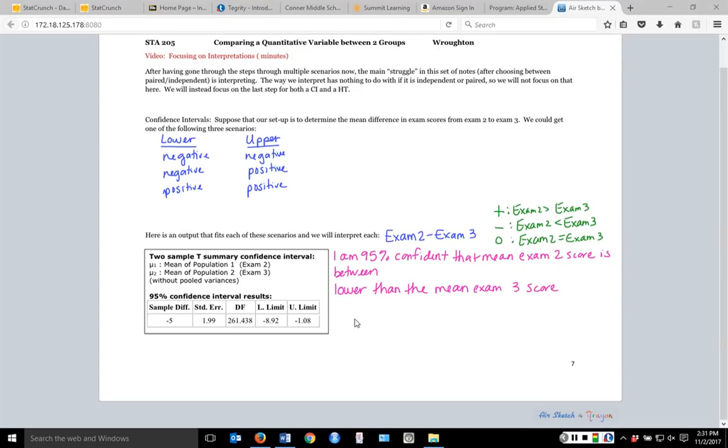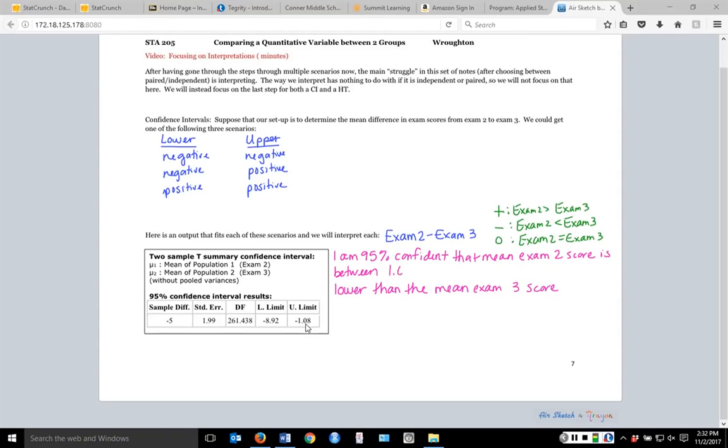Now why am I saying it's lower? Well, both of my numbers are negative. Negative tells me that exam 2 is lower than exam 3. That's where that first part's coming from. Now then for the actual numbers, I've taken care of the negative, right? The lower is all that means for the negative. So now I can pretend that the negative numbers aren't even there, and I'm just going to put the numbers, and it makes more sense to put the smaller number first. So I'm actually going to start with the 1.08.